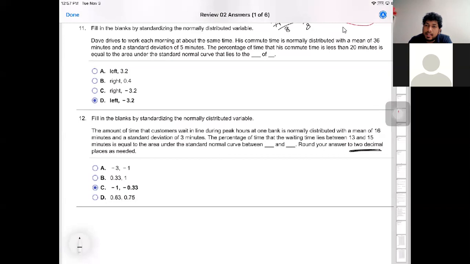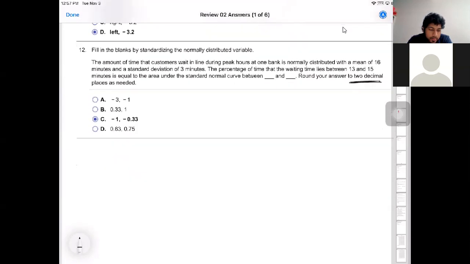If that third decimal value is less than 5, then you have to round down. If that third decimal value is greater than 5, then round it up to the two decimals. Okay, that's how we round up and round down.